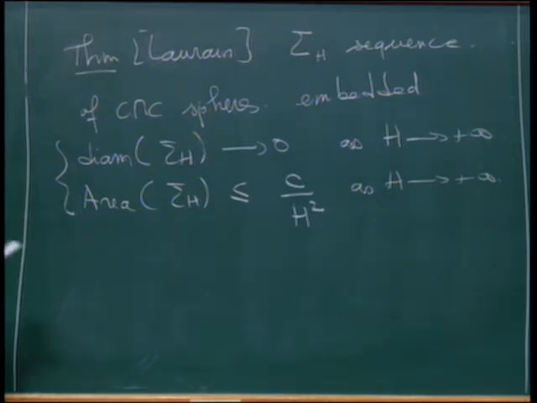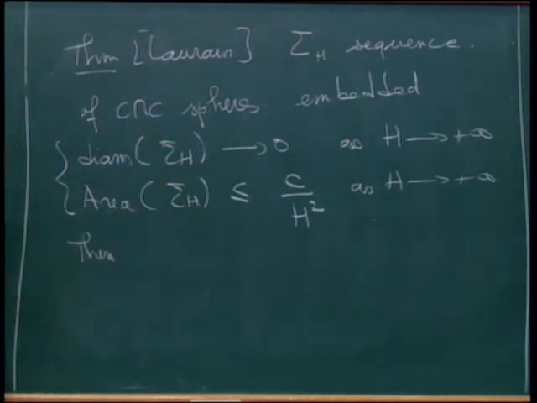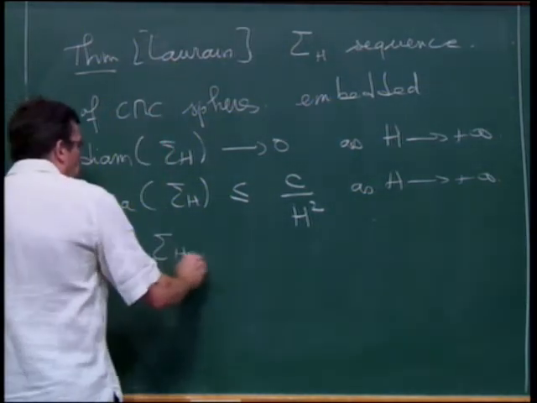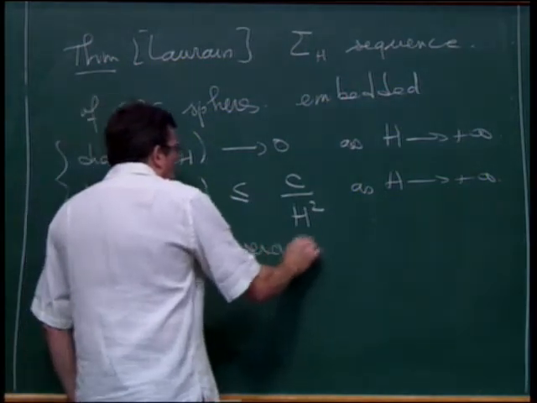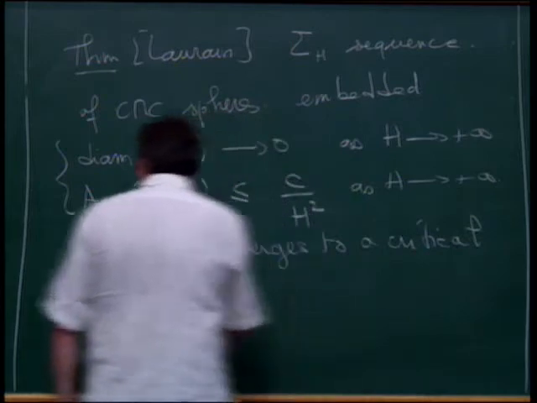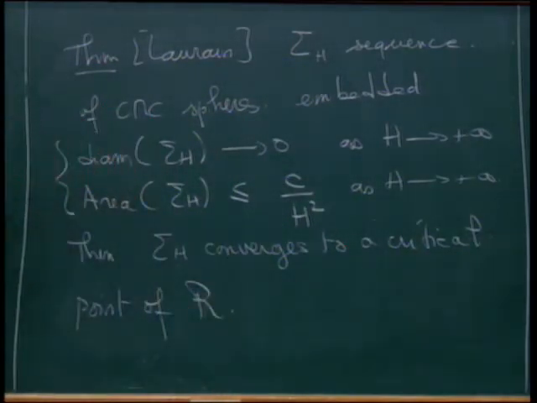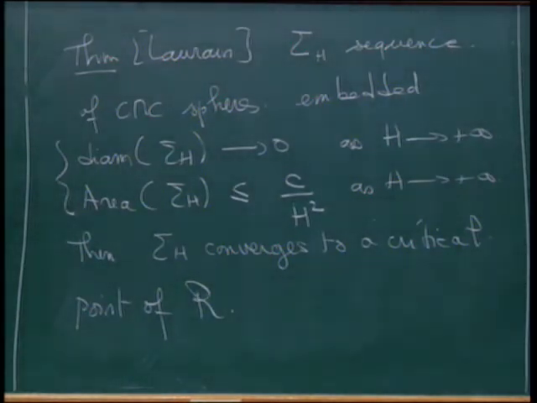The conclusion is that, up to a subsequence, Sigma_H converges to a critical point of the scalar curvature function. So you see, this is a very strong partial converse of Ye's existence result.